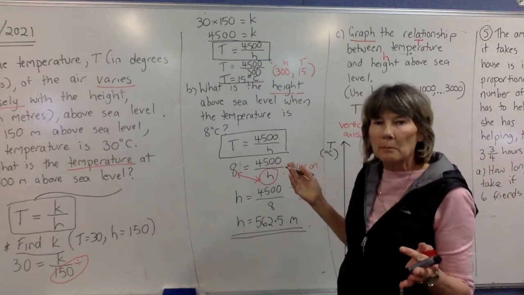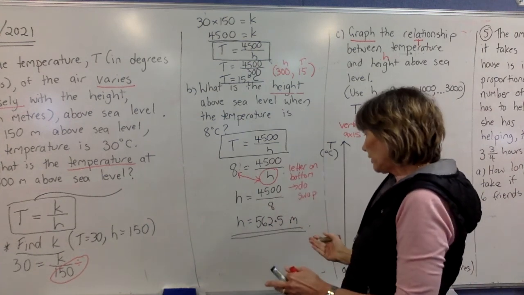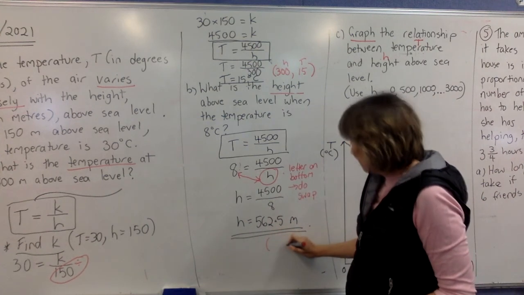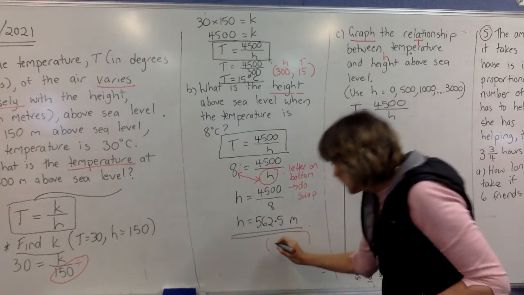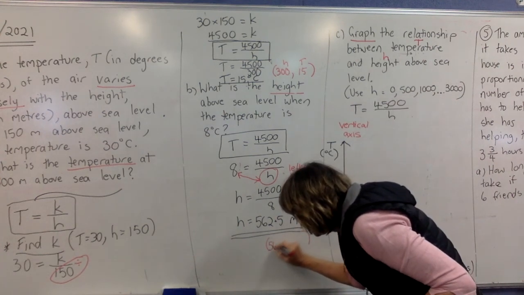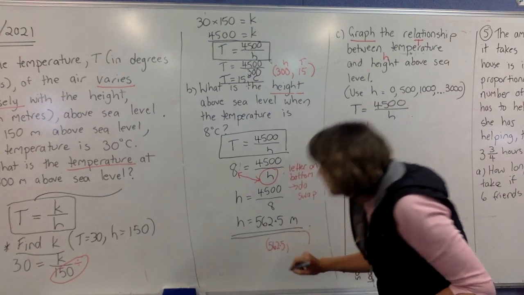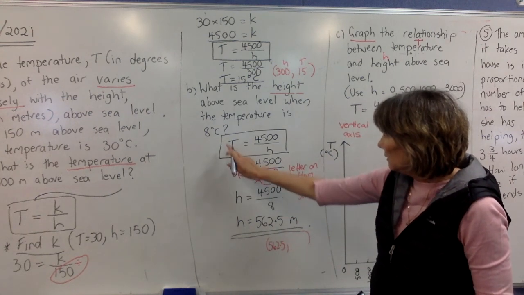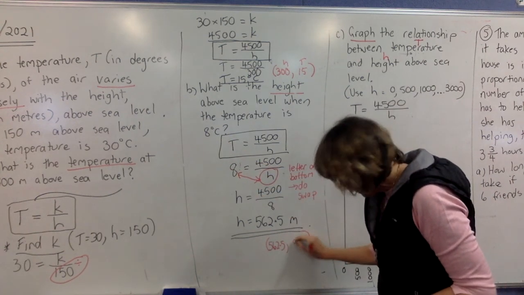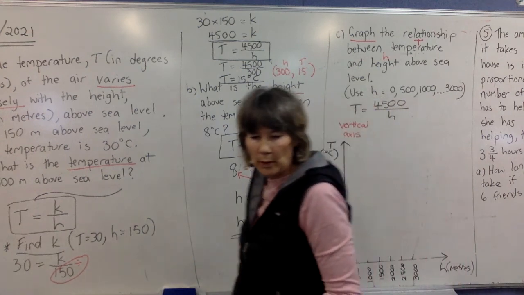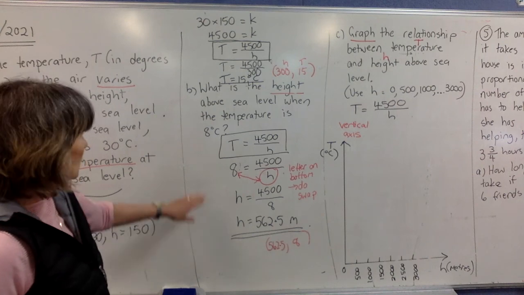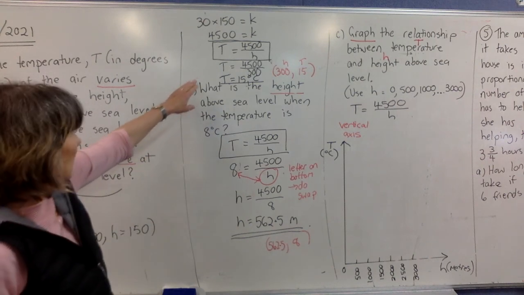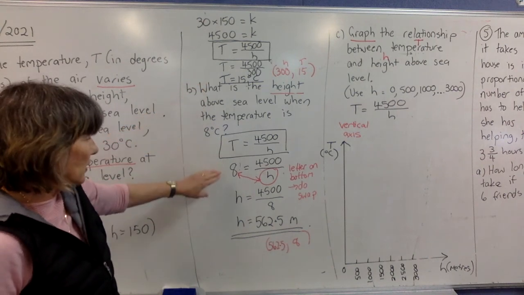So we've basically got a point (300, 15). Down here, what's our h? It's 562.5. Okay, and what's our t? It's 8. So I'm going to try and mark those 2 points on just to see where they are. All right, so it looks like our temperature, we had a 15 degrees Celsius here and an 8.